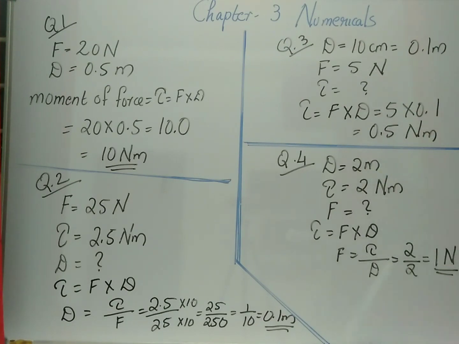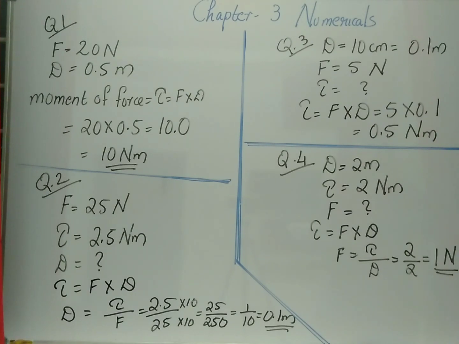Force is given 5 Newton. Calculate the moment of force required. Torque is equal to force into displacement, 5 into 0.1. You will get 0.5 Newton meter. SI unit of torque is Newton meter.